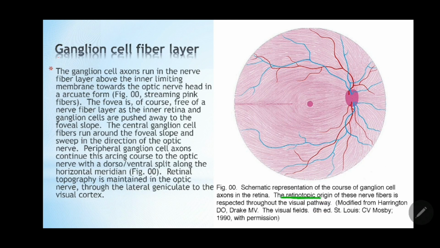Okay, so this representation of the image formed on the retina has to be transmitted as such up till the visual cortex, and this conveyance of this image, these body parts of the image, the quadrants of the image as it is, has to be depicted around, and they have to be conveyed along this optic pathway, and this is called retinotopic. The retinotopic origin of these nerve fibers is respected throughout the length of the visual path.